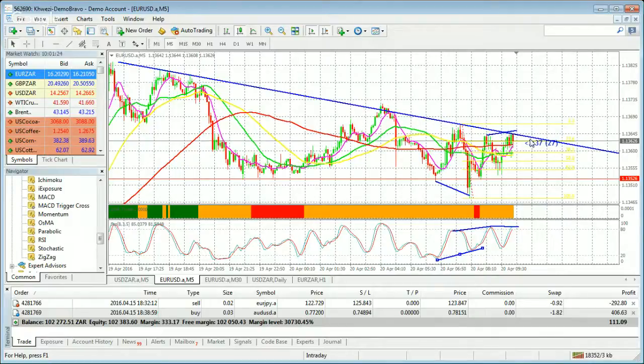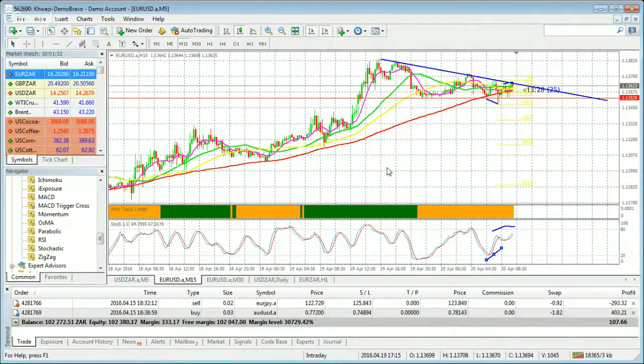Well, I've got that going up. Hit that level. Turning from there. Short term wise, on the 15, looks like we might have it as well.